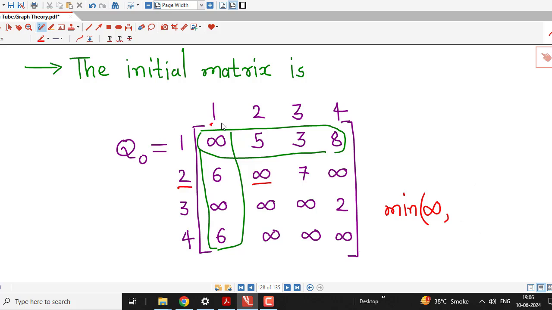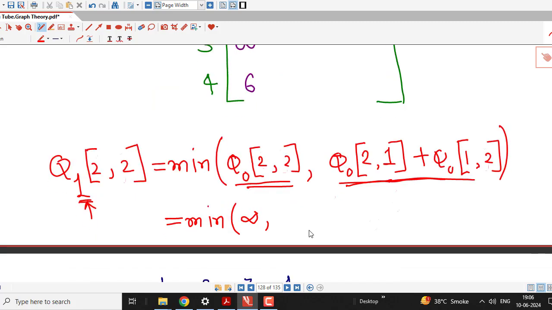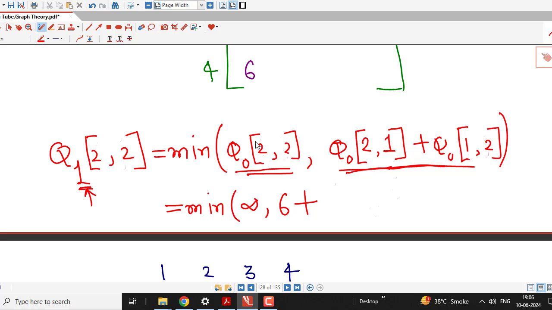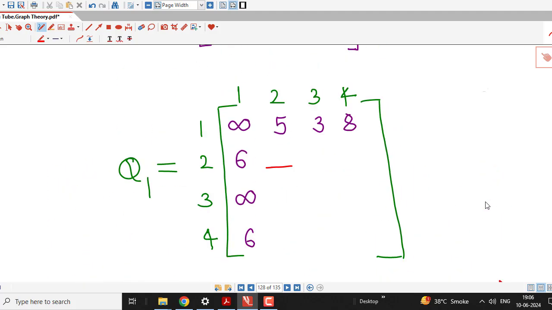The 1st entry means the entry at this place, it is 6, so here I will write 6, plus the 2nd entry of Q0. The 2nd entry of Q0 means 5. The entry in first row and second column is the 2nd entry of Q0, that is 5. So let me write 5 here. Now I have to decide the minimum of infinity and 11, so that is obviously 11. So this entry is 11.